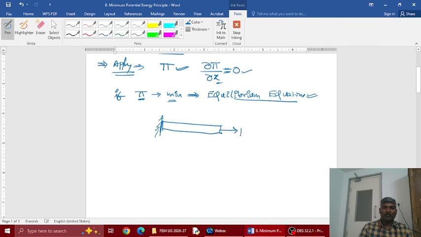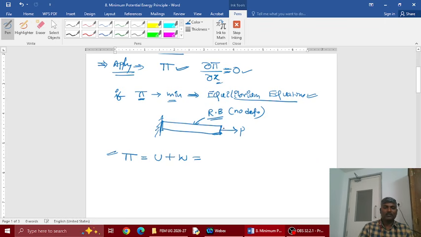But not as a deformable body. Consider this as a rigid body. I'll go back to engineering mechanics. Let us say this is a rigid body, meaning no deformation. Rigid bodies don't deform. For this, you apply this principle. The total potential energy is equal to internal energy plus external work done.